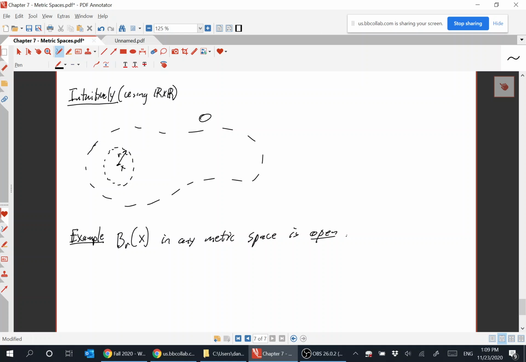Let's make this a homework problem. You're going to want to be able to prove that it satisfies the definition of an open set.